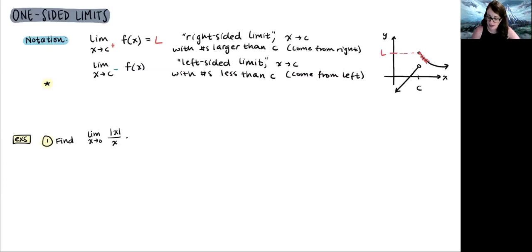If we're approaching from the left, or you're looking at the left-sided limit or the left-handed limit, as x approaches c, we're going to go towards c from this side. Again, we're marching along the function. We can ignore everything to the right of c, and we're just looking at what happens as we approach x equals c from the left-hand side.